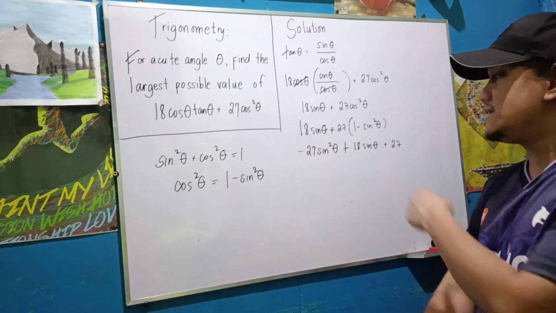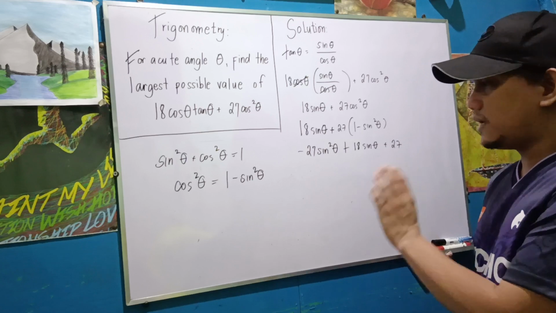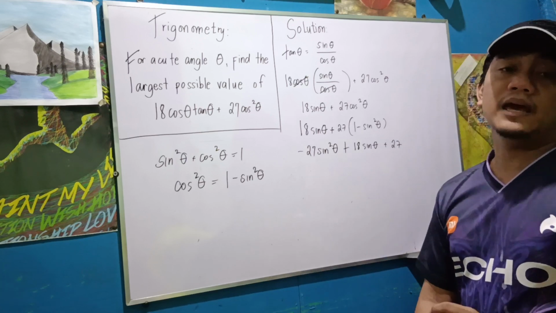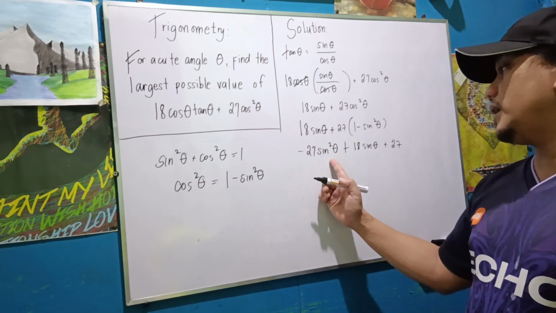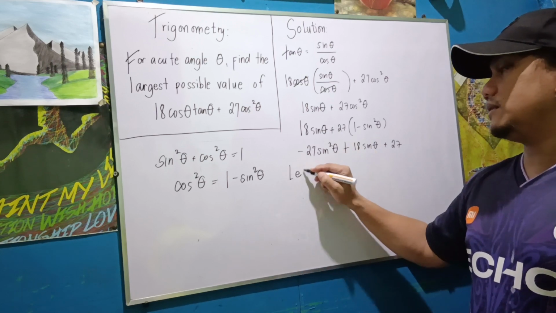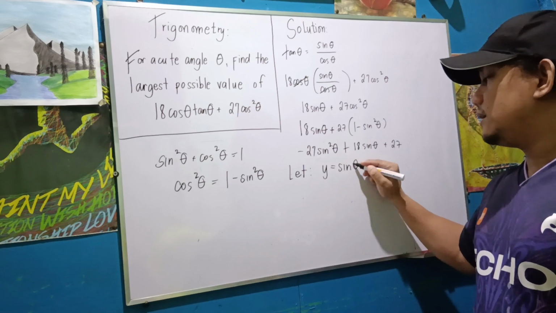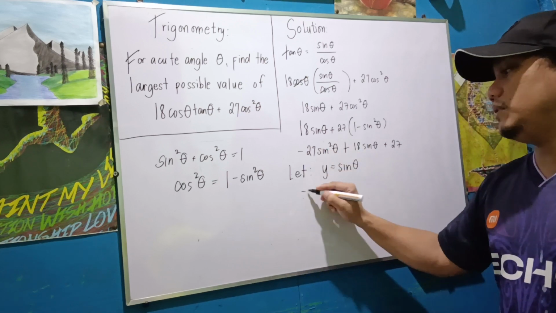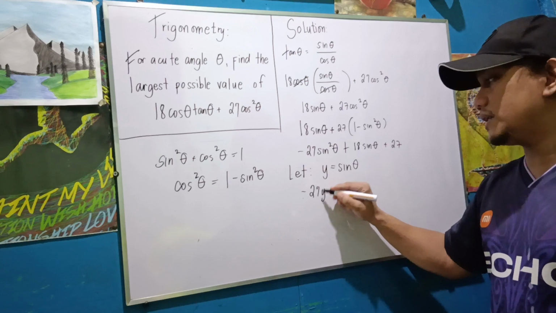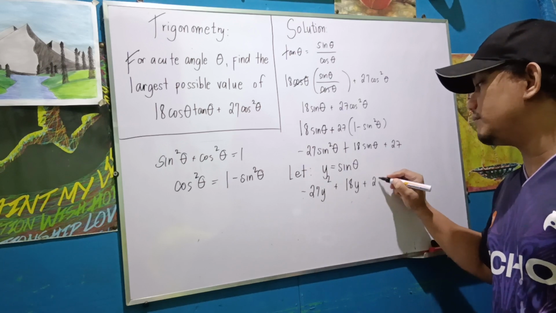So notice that this is sine squared, this is sine, and this is 27. So it can be rewritten as a quadratic expression in which we can let y be equal to sine of theta, in which this expression can be transformed as negative 27y squared plus 18y plus 27.